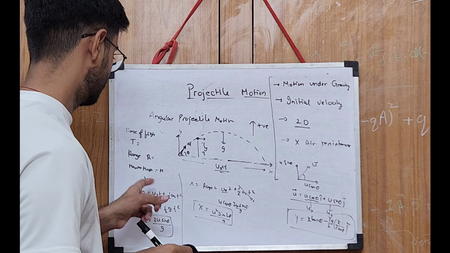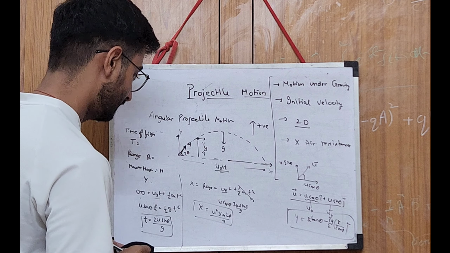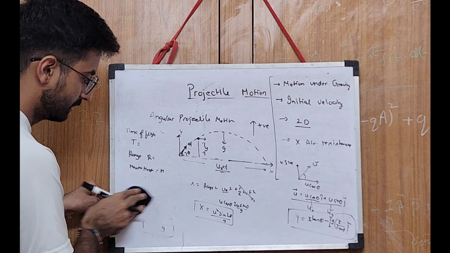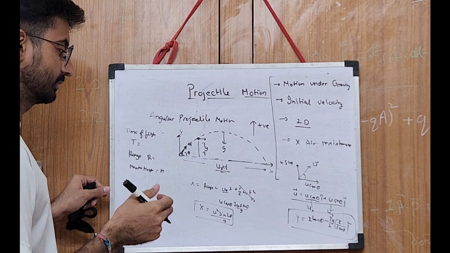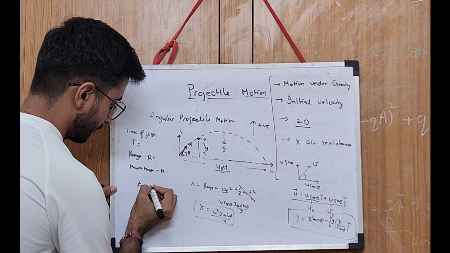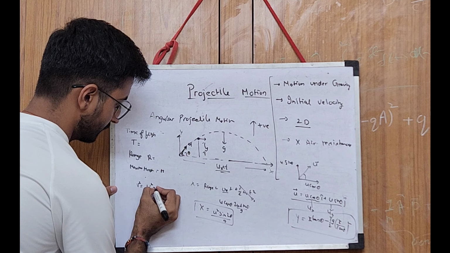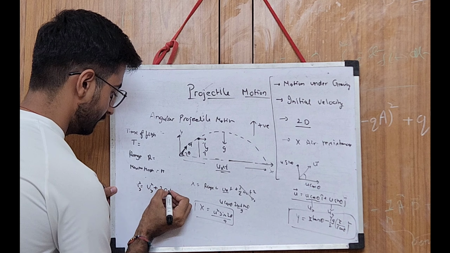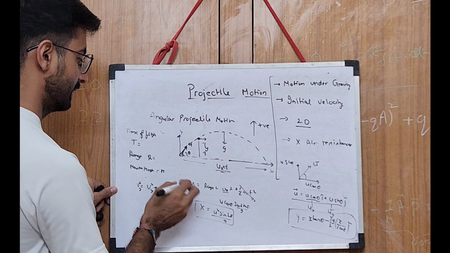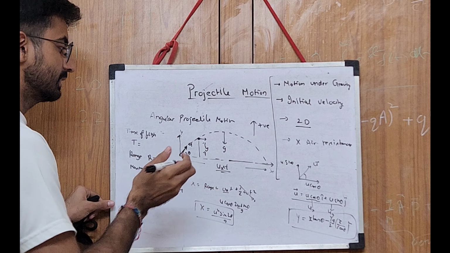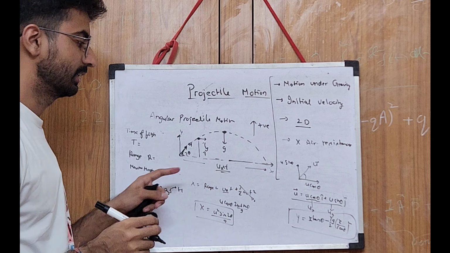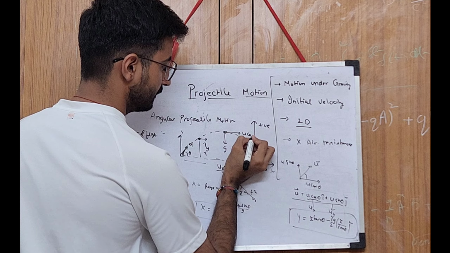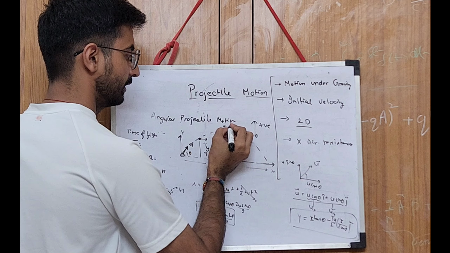Now we have to find the maximum height. So for maximum height, what do we have to do? We use the third equation of motion, that is v square minus u square equals 2as. So we are solving it for the y axis, uy, ay. So s is here our h, the maximum height. You can see when the particle reaches here, there is a maximum height, and then our horizontal component remains constant, and the vertical component will be 0 here.